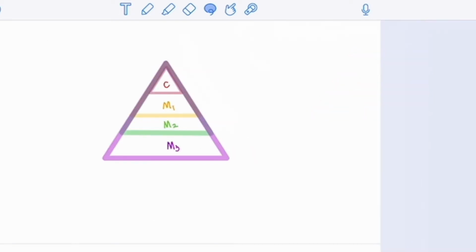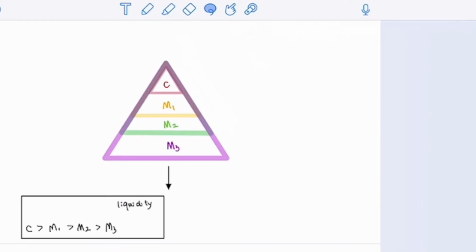Therefore, in terms of liquidity, we will find that the currency is more liquid than M1, than M2, than M3. That is because liquidity is about how easily we can use this money as a means of payment. If it is cash in hand, you can just go to the market and buy the goods that you want.